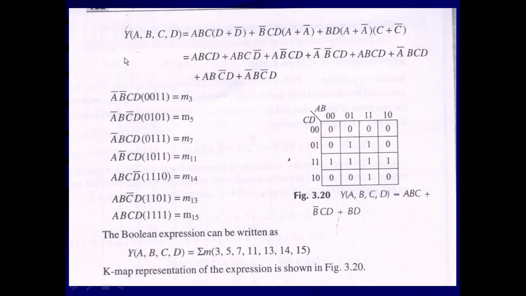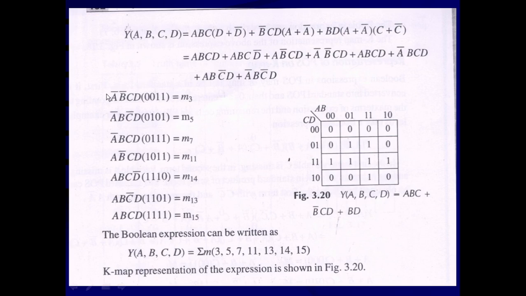You can obtain the standard sum of product equation like this: Y is a function of ABCD, equal to ABC into D plus D bar, B bar CD into A plus A bar, and BD into A plus A bar into C plus C bar. Simplifying, you get this number of standard min terms.